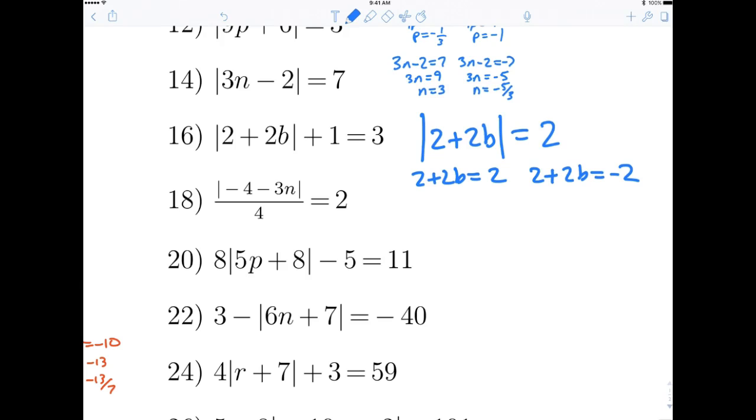All right. So now mental math. Wow, these are all 2. So you ought to be able to just tell me b equals what for the first one? 0. Why is it 0? Because it's 2 minus 2. Brilliant. 0.